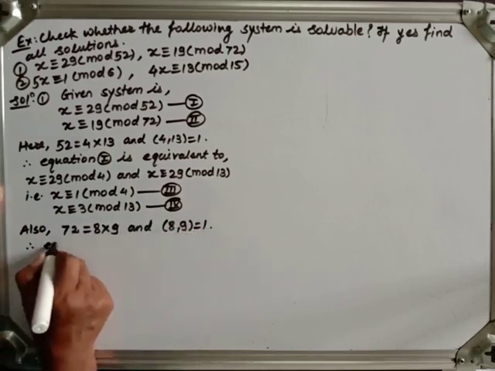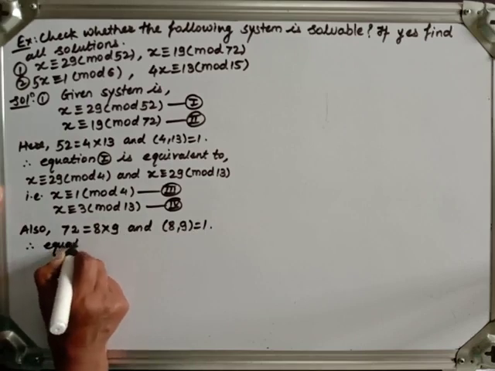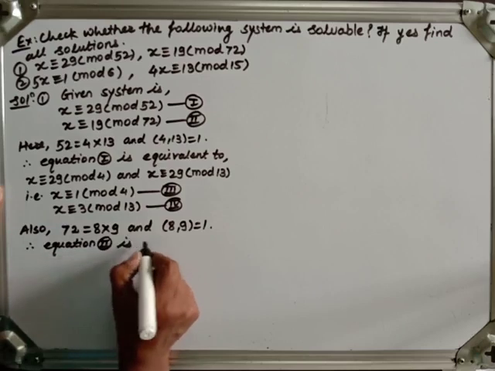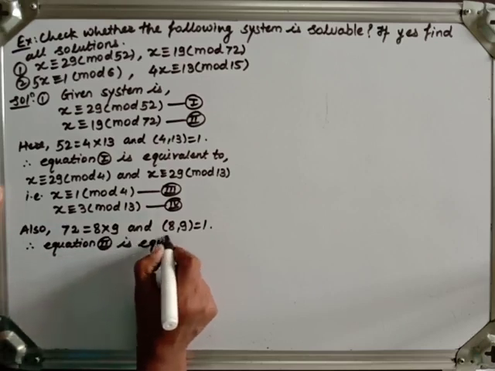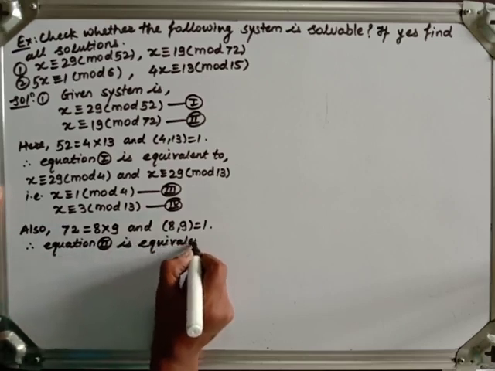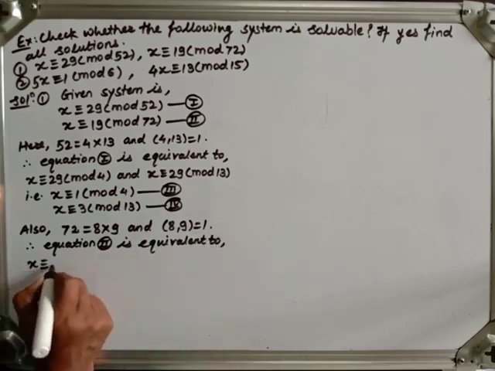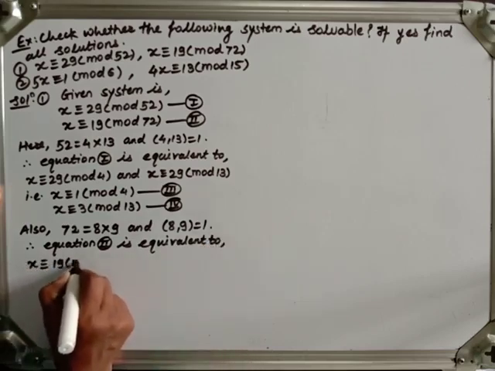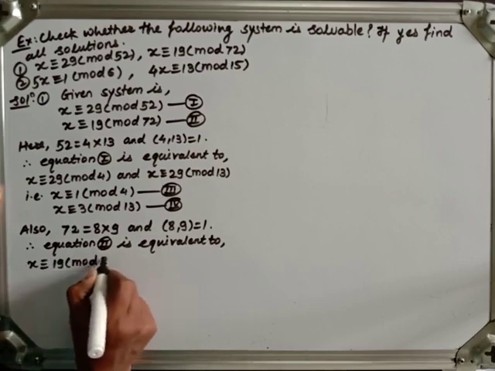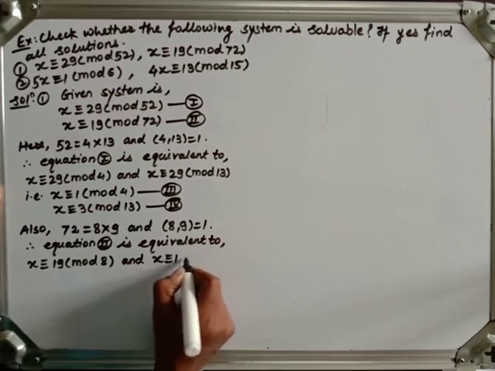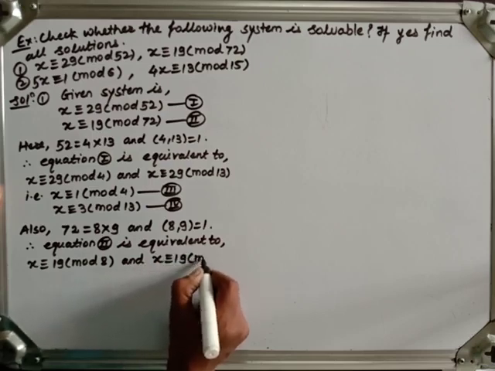Therefore, equation 2 is equivalent to x congruent to 19 modulo 8 and x congruent to 19 modulo 9.